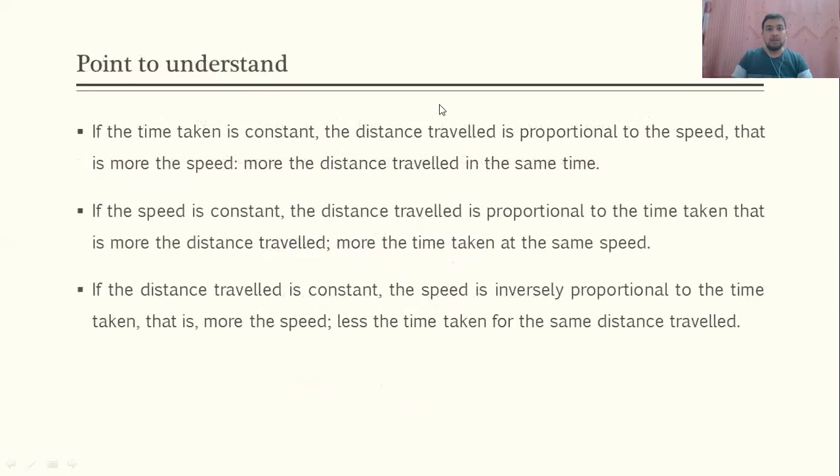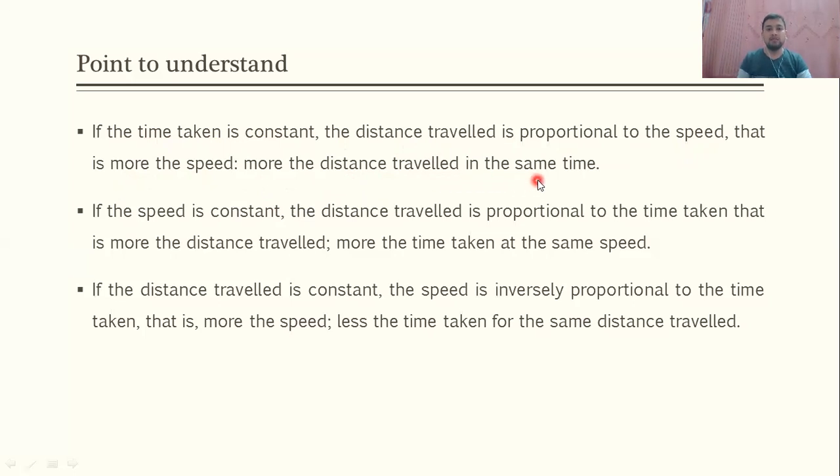Now let us understand some facts. See, we have the formula speed is equal to distance upon time. In the first case, if time is constant, the distance travelled will be proportional to speed. That is, more the speed, more the distance travelled in the same time, right?